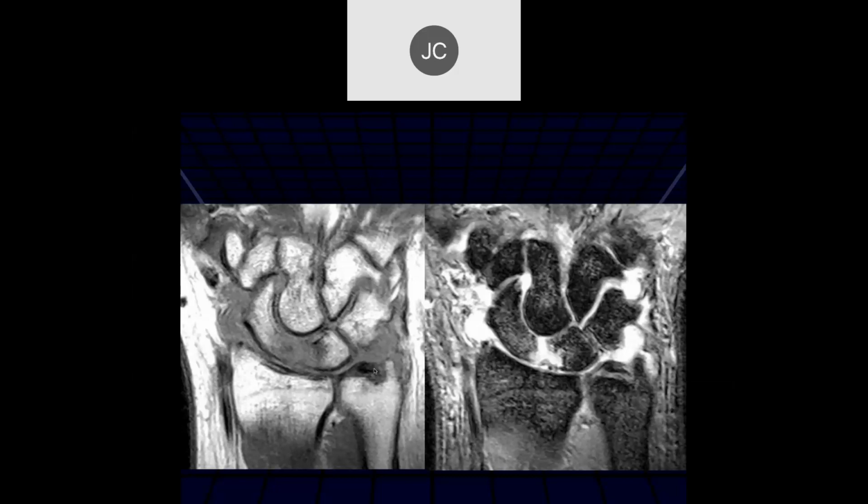Right, so here we see that erosive change along the scapholunate interval, bone erosion in that lunate. Some synovial fluid surrounding that, or some joint effusion, in a recess that we talked about before.